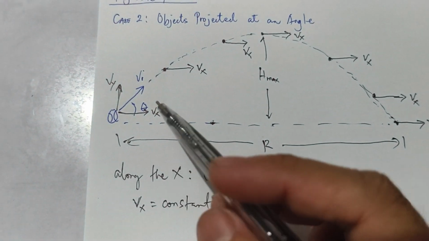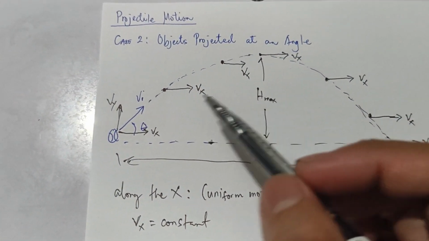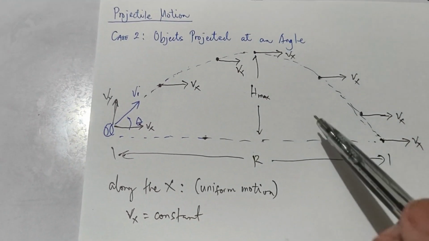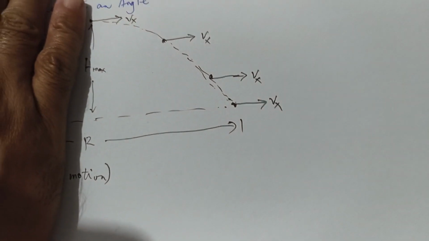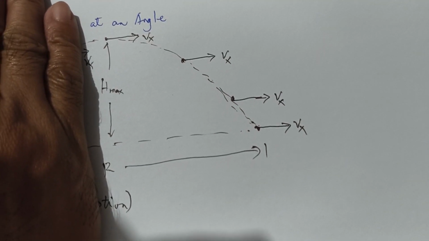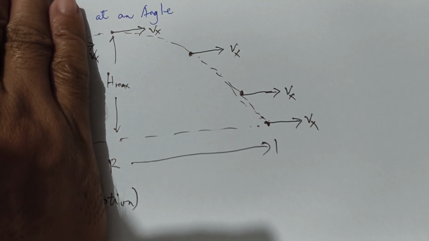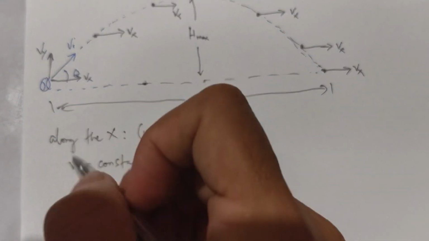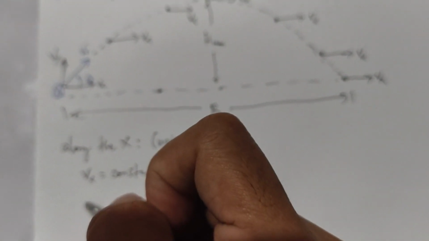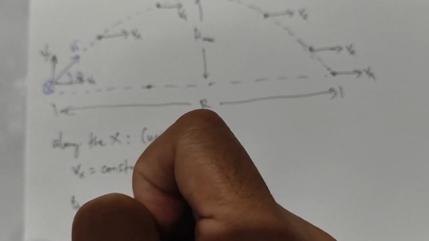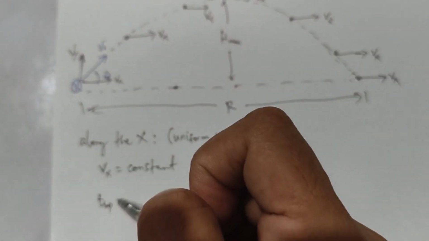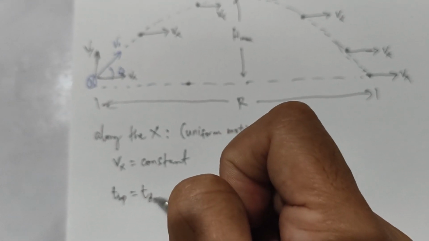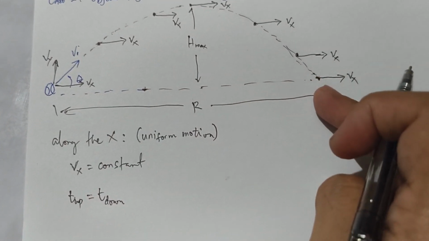Ang pinagkaiba lang ngayon pala ay mahaba na yung time of flight niya. Kanina sa case 1, parang ito yon, di ba? Yan. Parang yan lang yung time needed. Okay? In this case, dalawa na. So, kaya you will also consider the time to go up, and you must take note that it is the same time to go down to the same level.